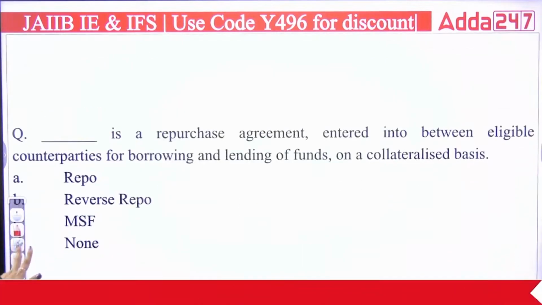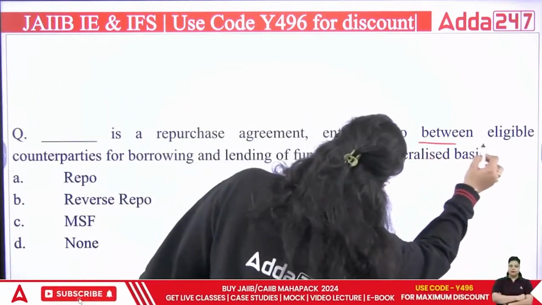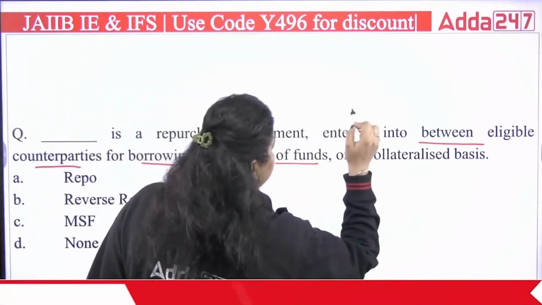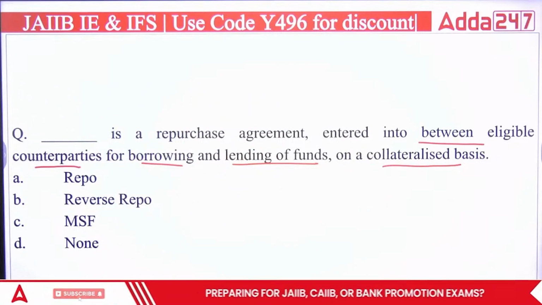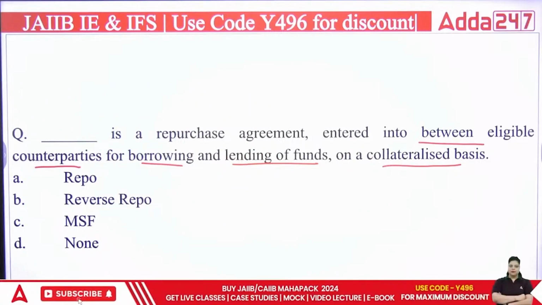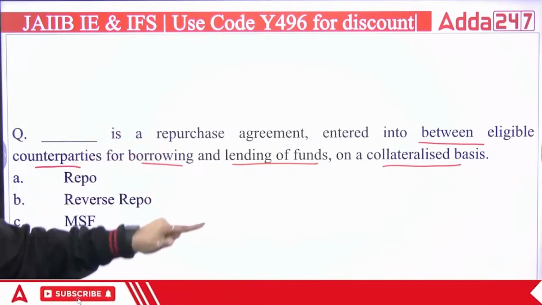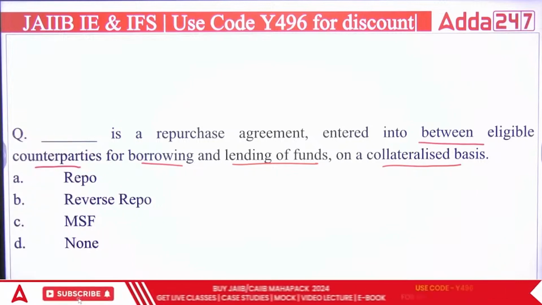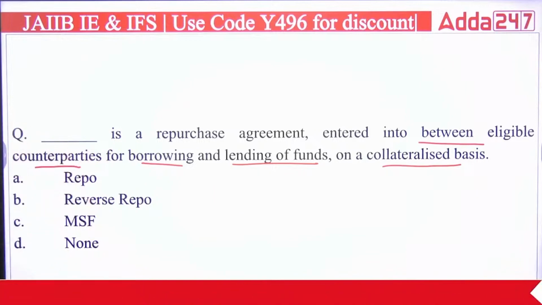Okay, next question. Next is talking about dash is a repurchase agreement entered into between eligible counterparties for borrowing and lending of funds on a collateralized basis. So what we're talking about, dash is what? Dash is a repurchase agreement, entered into between eligible counterparties for the borrowing and lending of funds, and that will be done on a collateralized basis. I mean collateral will be taken to perform this transaction.